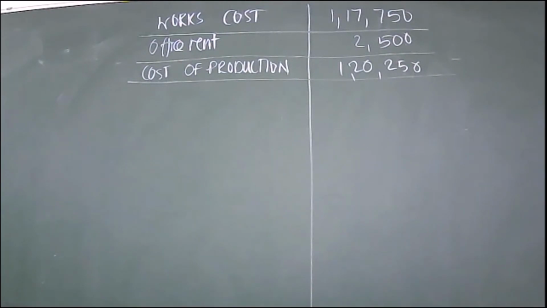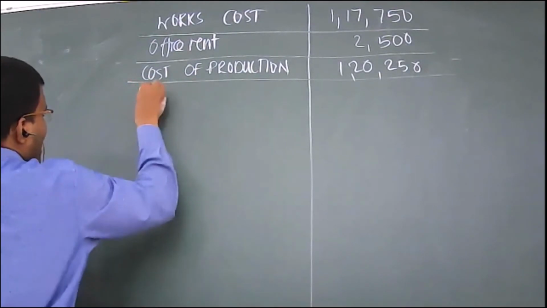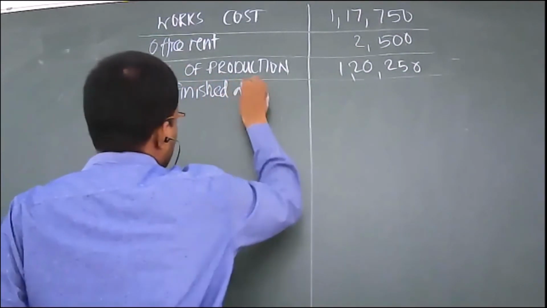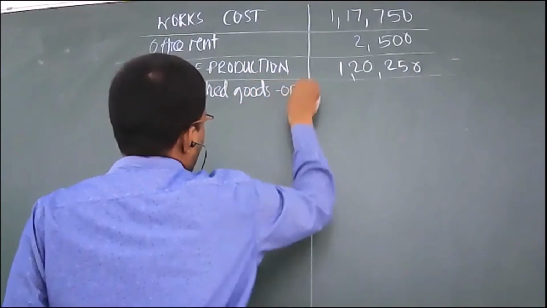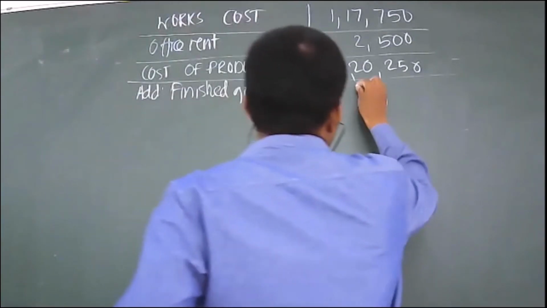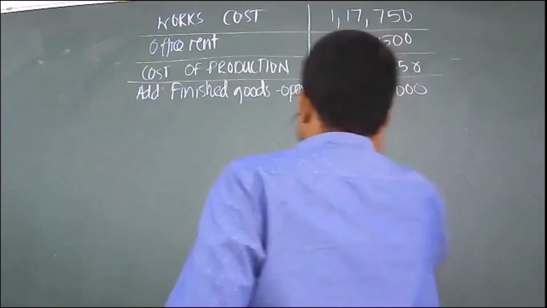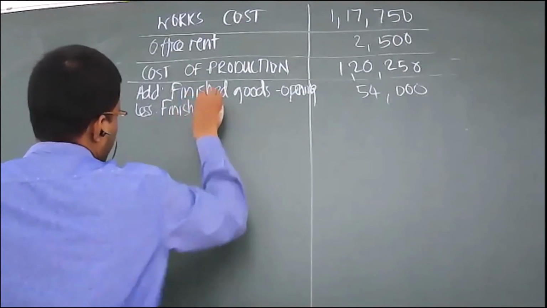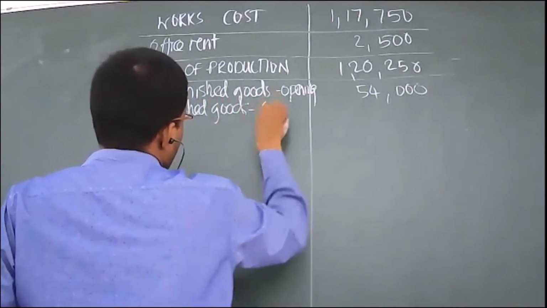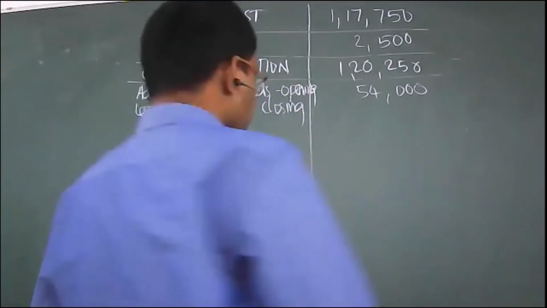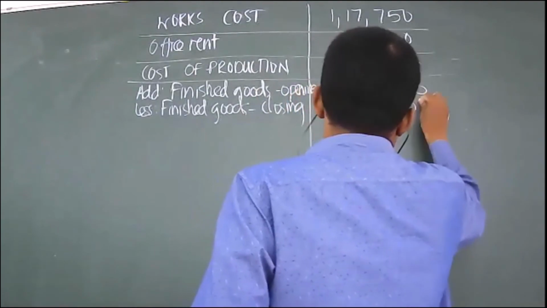Now, we have one more thing given to us in this question: you have to add finished goods opening stock, which is 54,000, and subtract finished goods closing stock, which is 31,000.